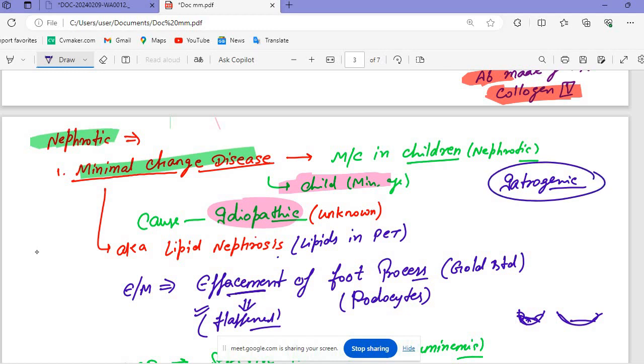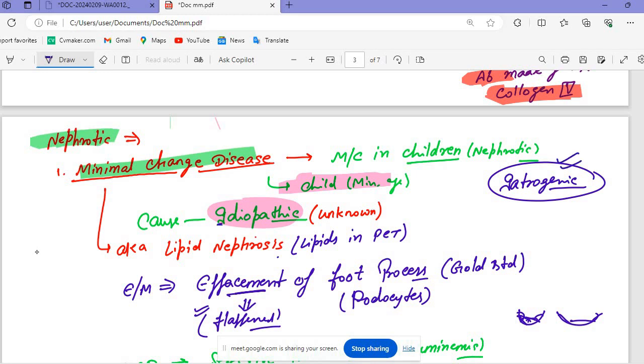Idiopathic is unknown, but iatrogenic is due to errors, whatever errors we do, maybe by any doctor or any medical staff. It is a condition caused by mishaps in the hospital, a medical problem.